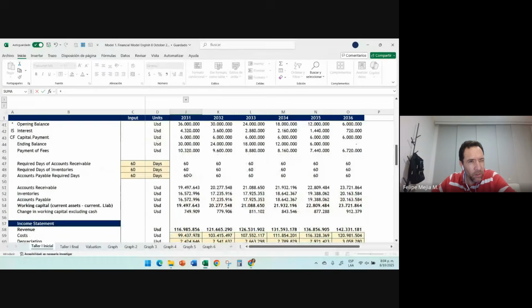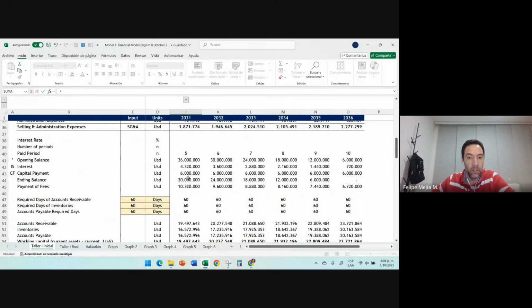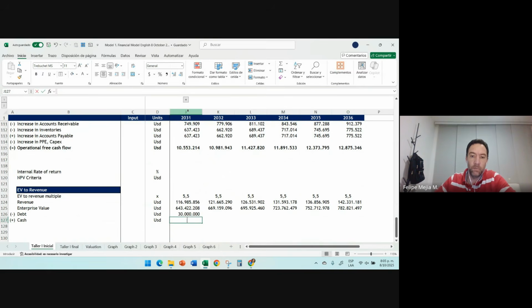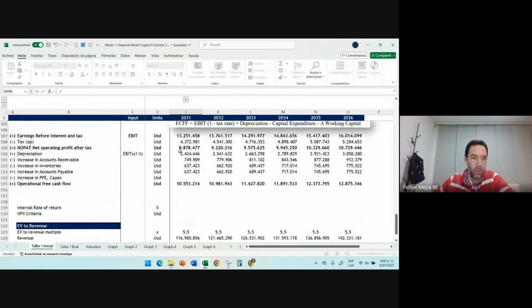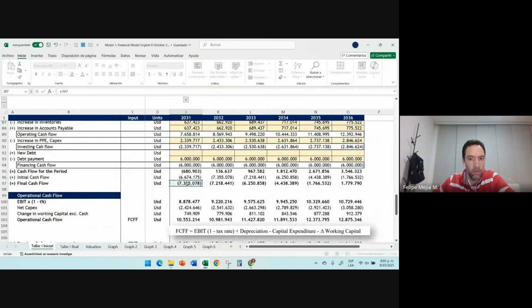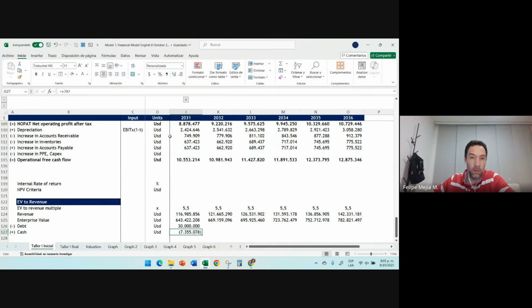Where's the debt? Here's the debt. By year 2031, the expected debt is $30 million, and according to our model, we would have in cash the sum of $7.3 million negative.